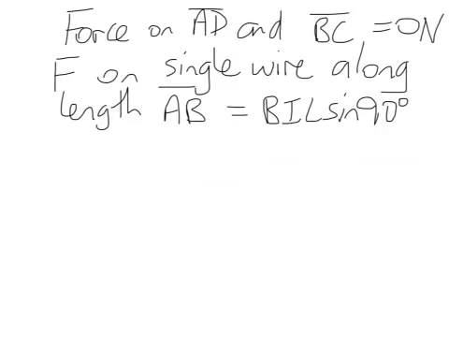The reason it's important is because it tells us straight away that the force acting on lengths AD and BC must be 0 newtons, since there's no angle between them.